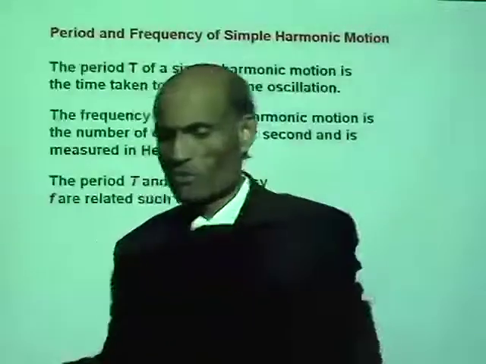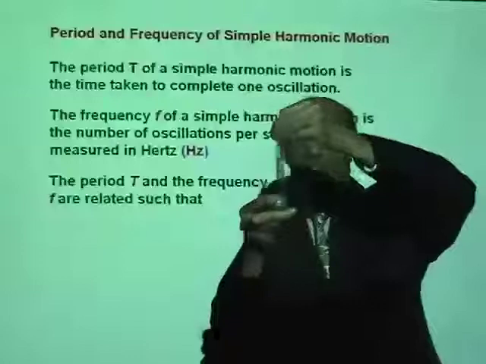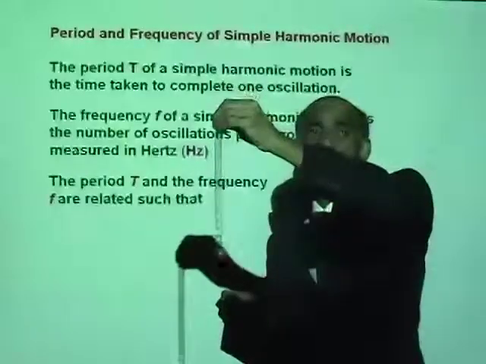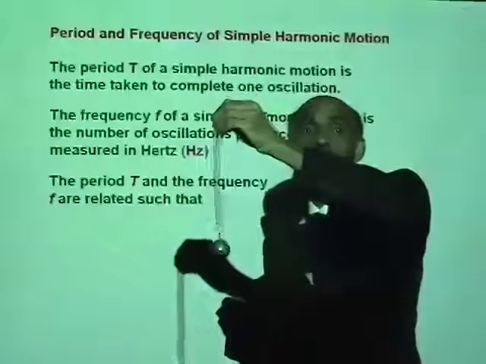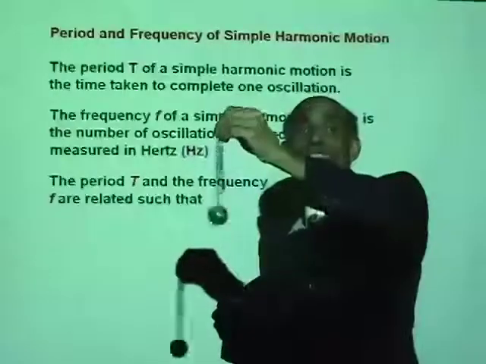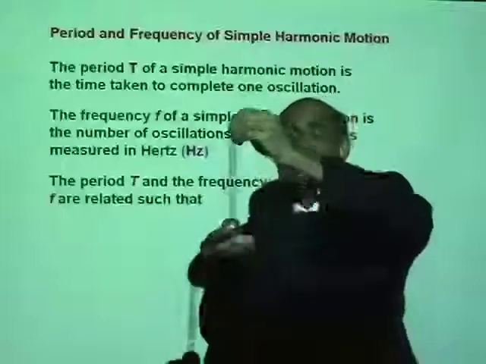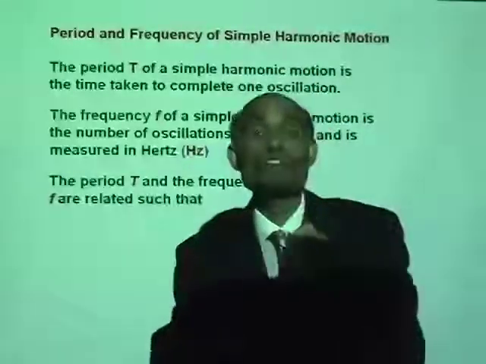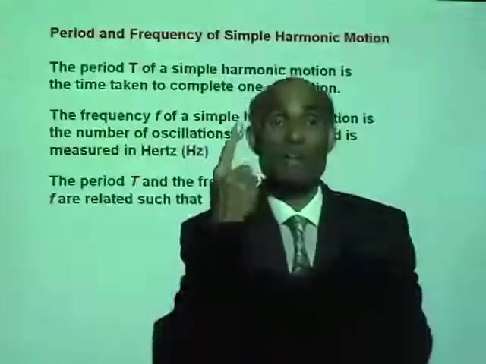I just told you that the frequency of this oscillation is 3 Hertz. It oscillates 3 complete oscillations per second. Alright, if it does 3 oscillations per second, what is the time taken for one oscillation?